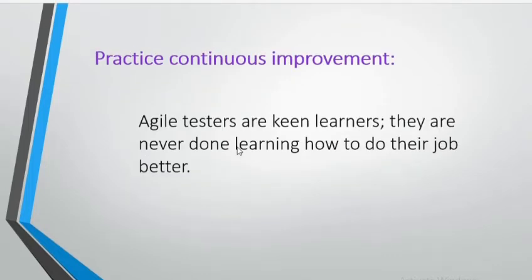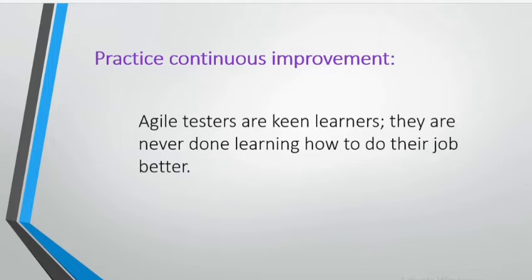The next principle is practice continuous improvement. Agile testers are keen learners. They are never done learning how to do their job better. We learn about the improvement of our product continuously. So this is practice continuous improvement.